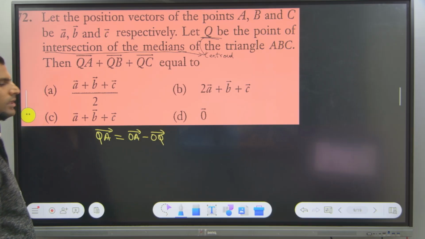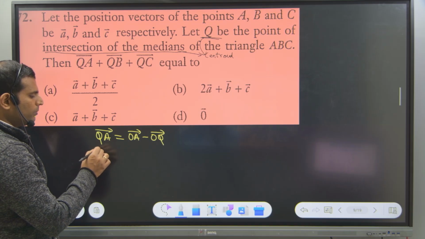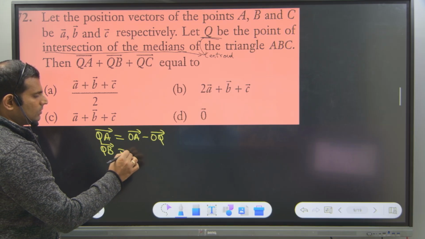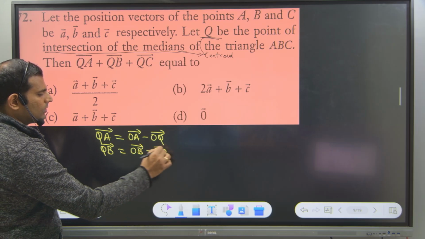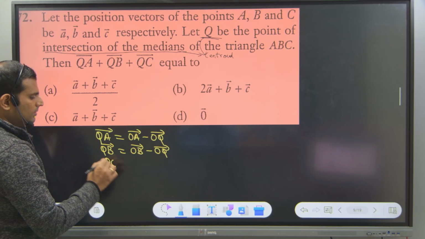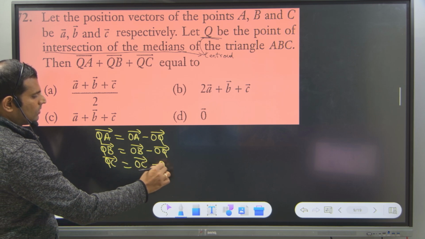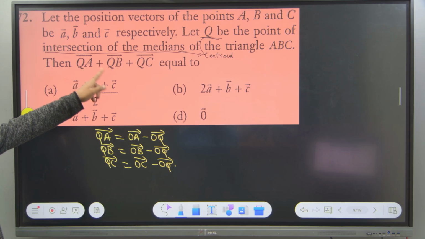Yes or no, children? Yes, sir. Okay. Similarly, QB can be written as OB minus OQ. And what is QC? OC minus OQ.